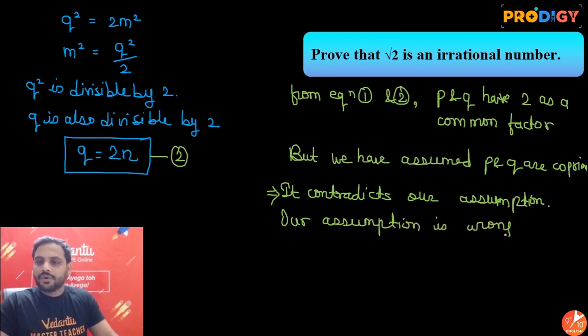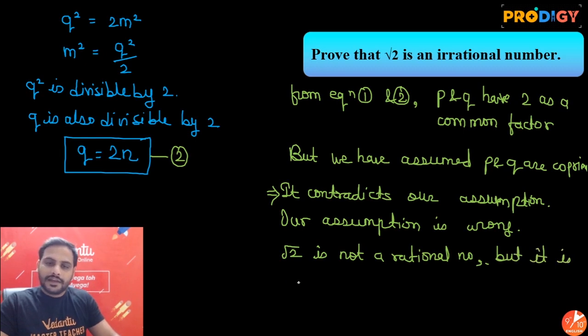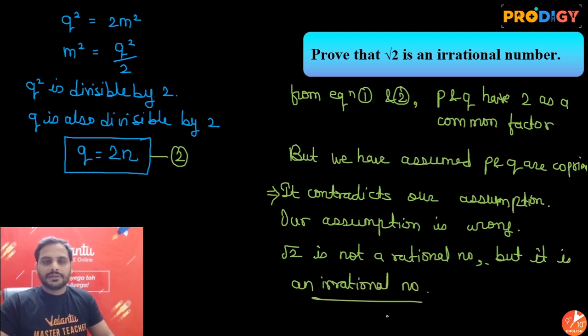That means root 2 is not a rational number, but it is an irrational number. Opposite of rational is what? Irrational. This is how you prove it.